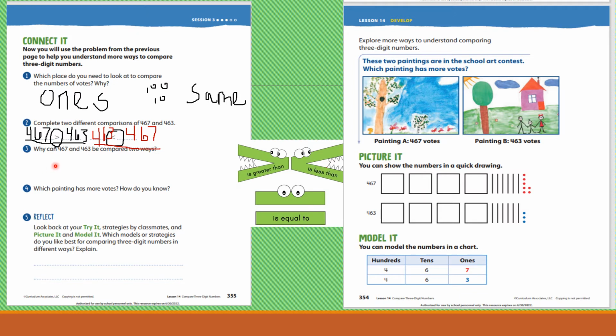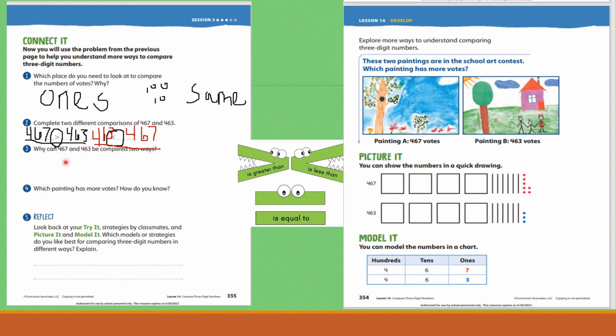It says, why can 467 and 463 be compared two ways? Think about that. Why can I compare this two different ways? Because one number is greater than the other number.